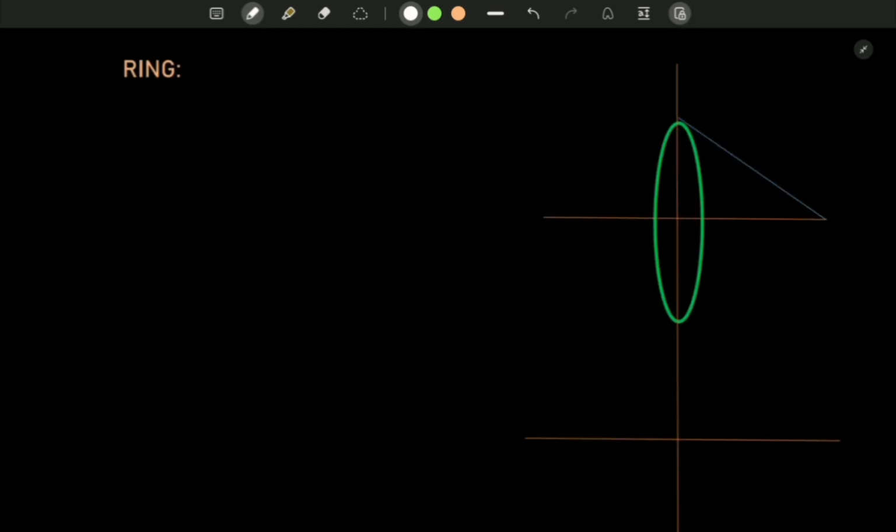Now let us write the potential for a ring. For this ring, let this be the radius r of the ring. This point is P, which is at a distance x. In order to write the potential, we will use a similar technique. We will take small elements. This small element mass is dm. Now dV, the small potential, will be minus G dm by r. So V equals minus G by r integration of dm.